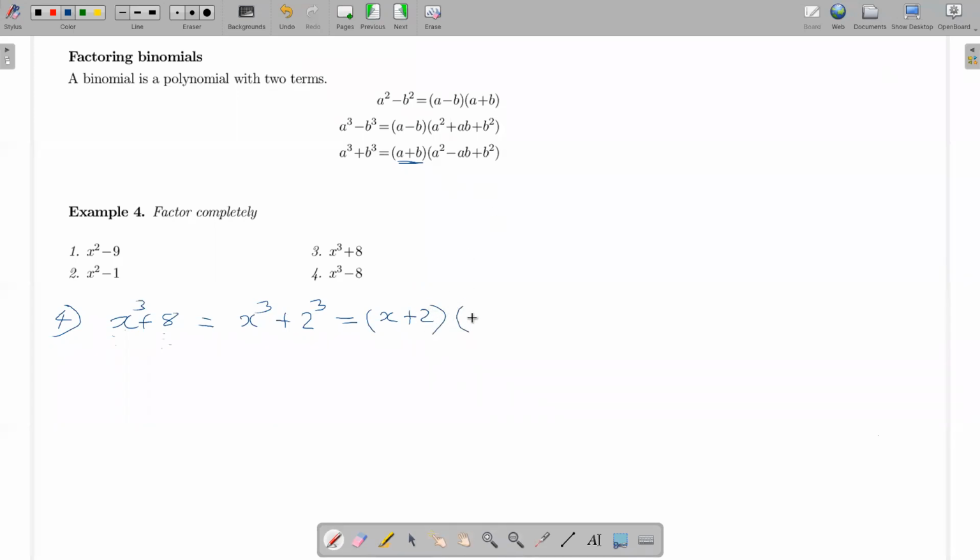Here a squared, that is x squared, minus ab, that is 2x, plus b squared. b is 2, 2 squared is 4. Normally we see whether we can factor this one further. I'll come to that in the next one.